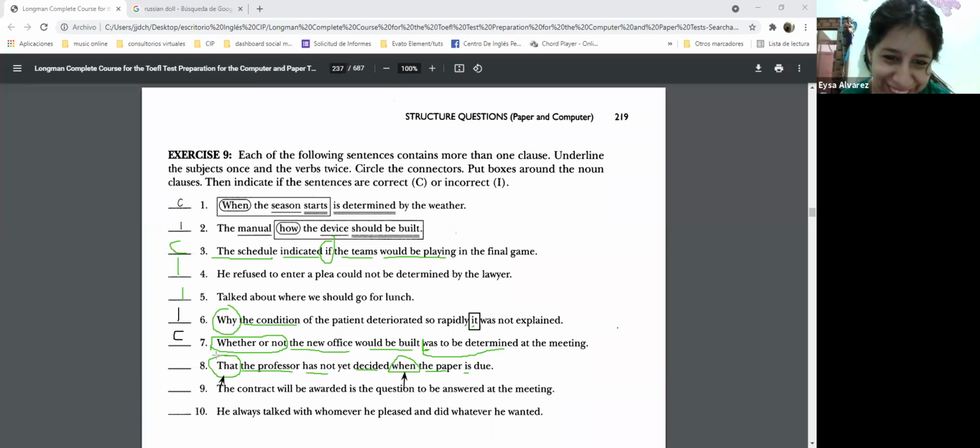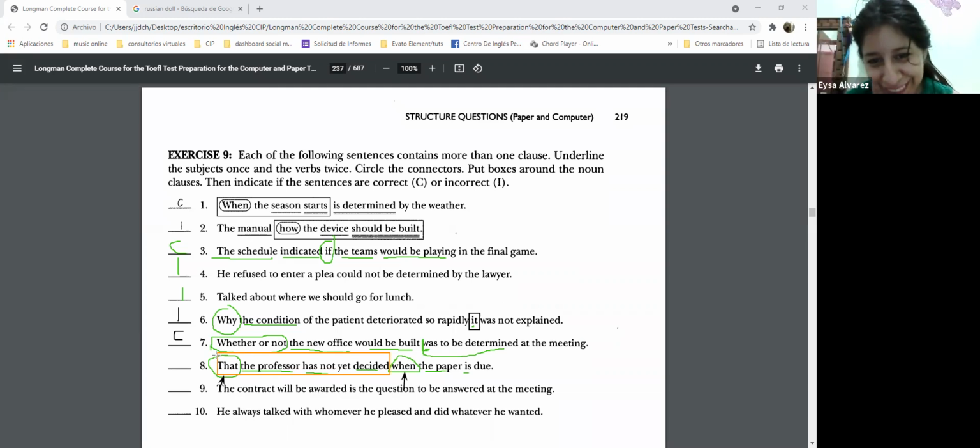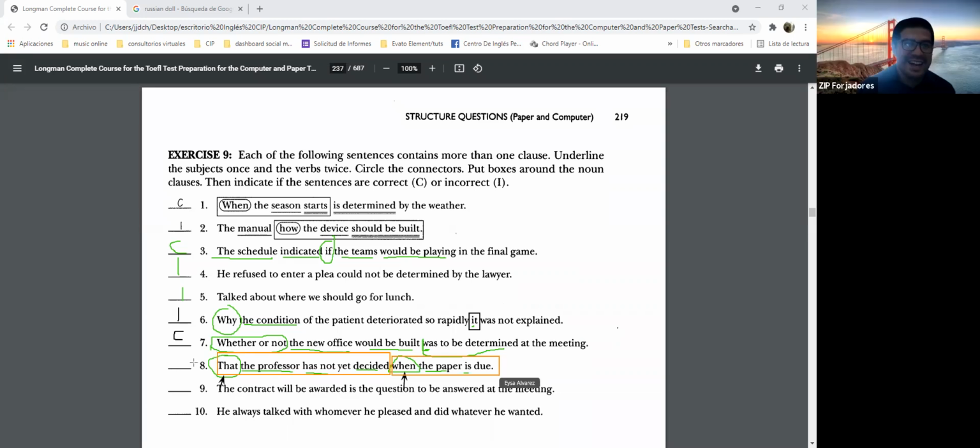Here's the first one. You say that that is a connector, a noun clause connector. So you're going to start the clause there. Exactly, very good. And then the other clause is "when the paper is due," right? Yes, exactly. Those are the two clauses. So that means that you need another verb outside these clauses.